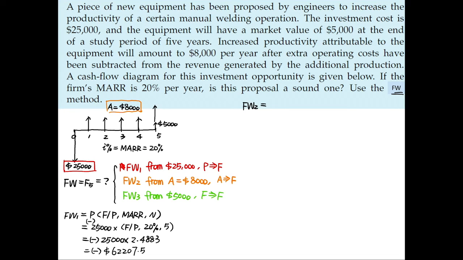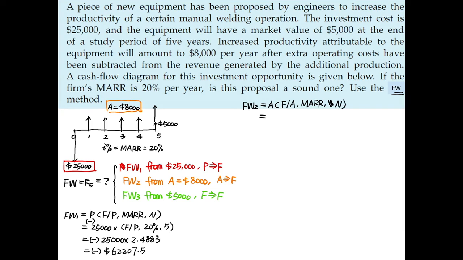Then continue with FW2. FW2 is to convert the annuity to a future value. So the equation is A times F given A, MARR, number of n.